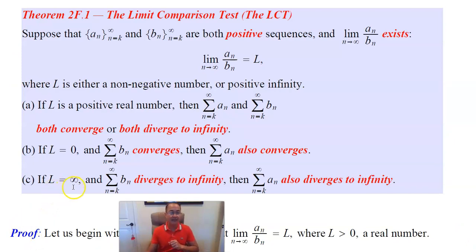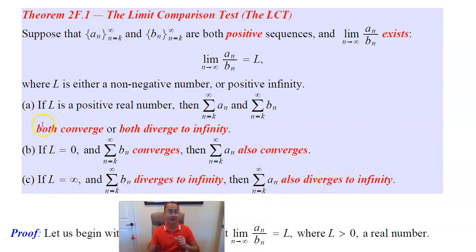If the limit is infinity and our b sub n is 1 over n to the 6 over 7, that is a divergent p-series, then the series that we have, summation of a sub n, must also diverge to infinity.